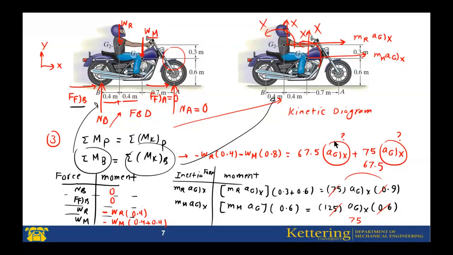Because we have the rider weight and the weight of the motorcycle, we can find AGX.